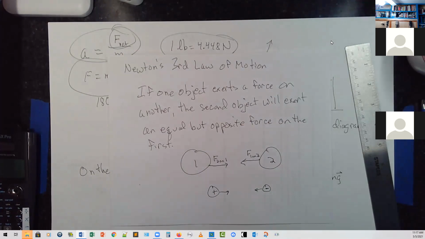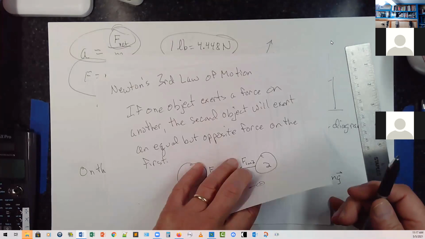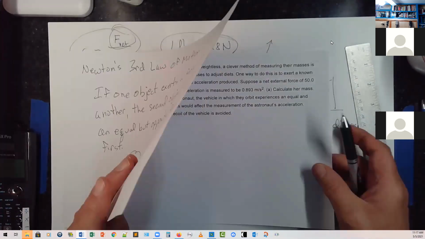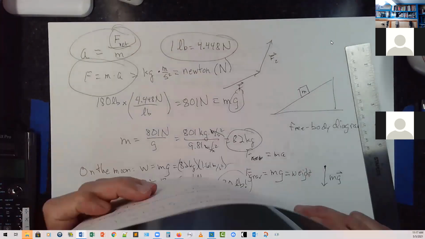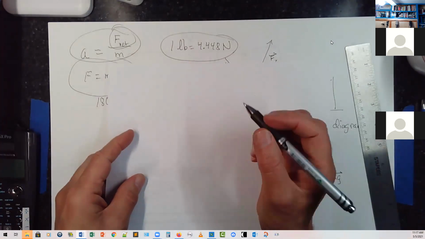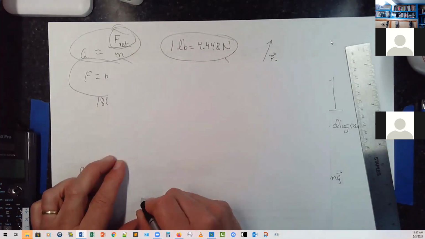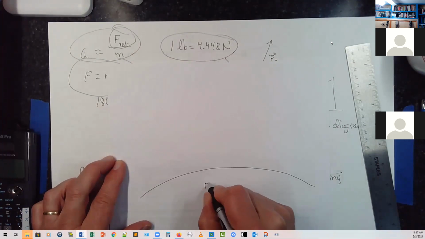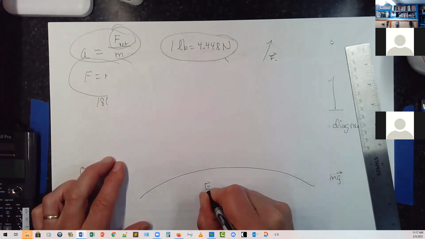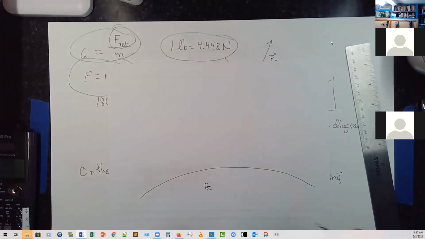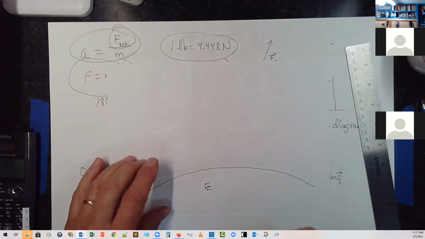So that's Newton's third law of motion. One more example for today. Let's suppose that we've got the Earth down here, and we have a student from Big Bend who is taking skydiving lessons and gets to do their first jump out of an airplane.